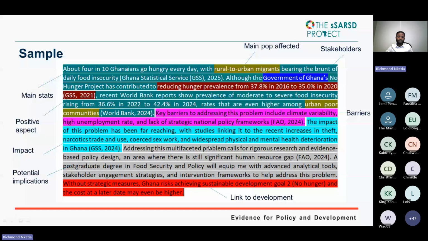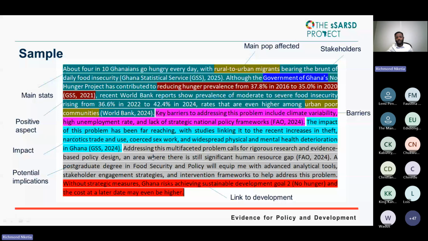Yeah. So if you've written to this point and you've mentioned that addressing this issue would require multifaceted collaboration and evidence-based policy design, if you leave it here, then the question will be: is it that we don't have people who have expertise in drafting policies to address this issue?